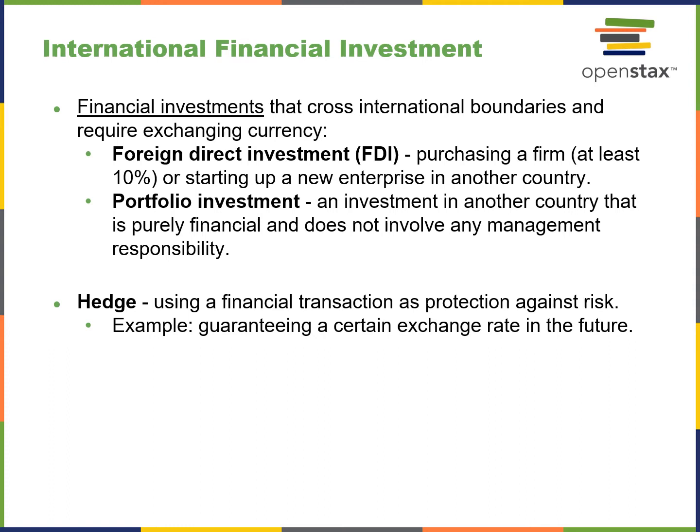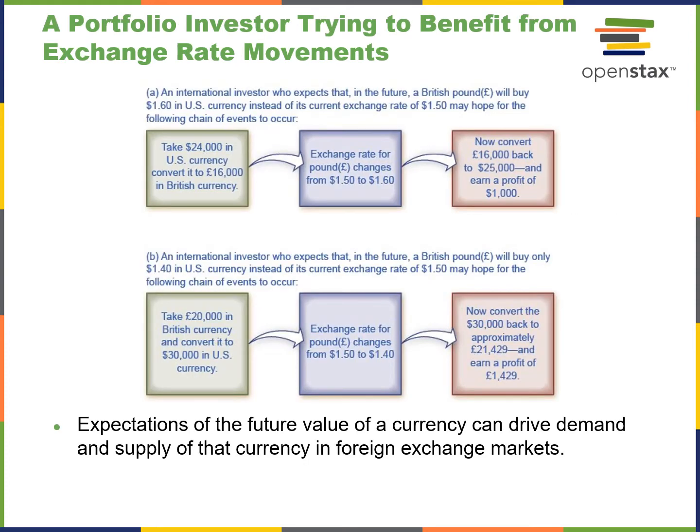Like futures, puts and calls are also available for the money futures market. And so a portfolio investor may try to benefit from exchange rate movements. They give you a couple of illustrations here. They'll take a British pound worth $1.60, and that's kind of wishful thinking.